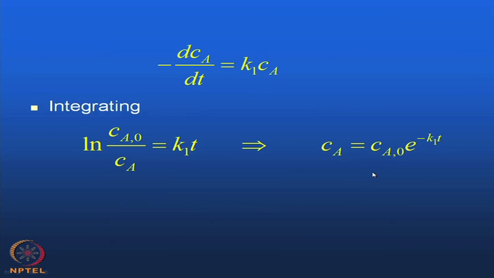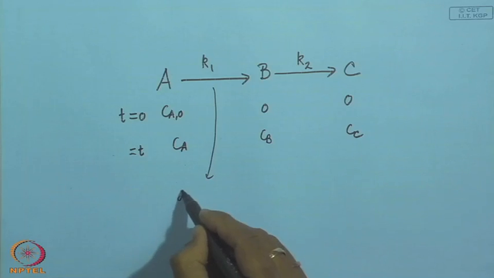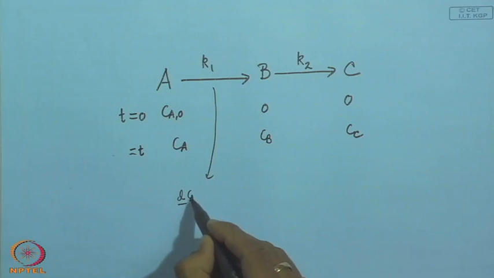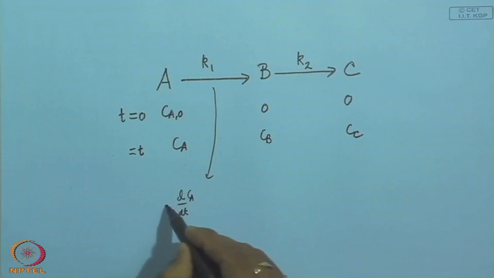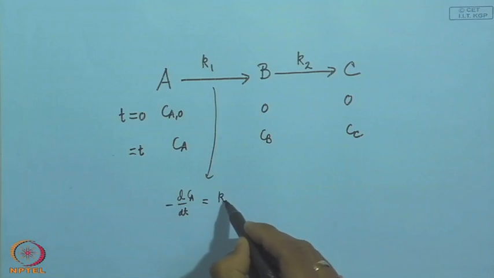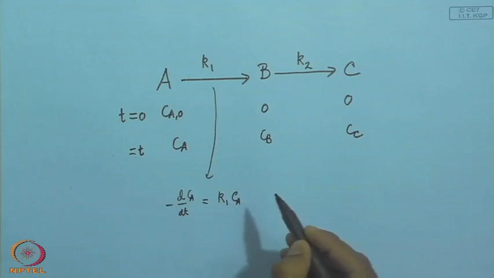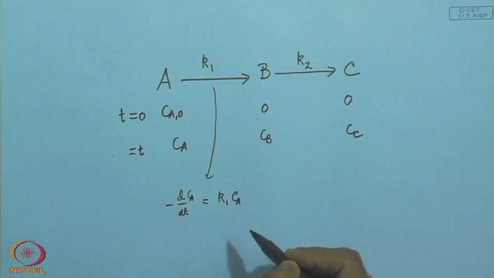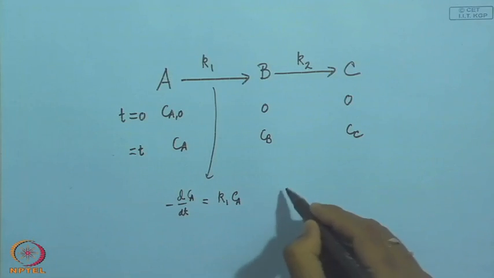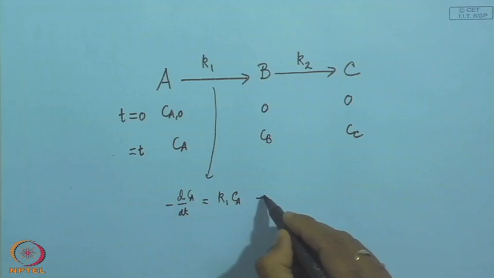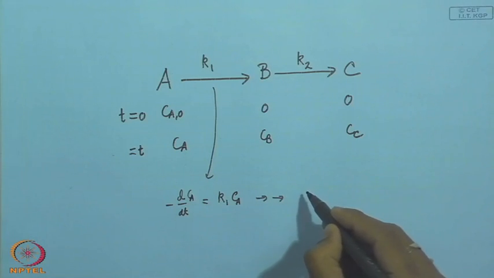Okay. So, -dCA/dt is equal to K1 into CA. This is a differential equation.